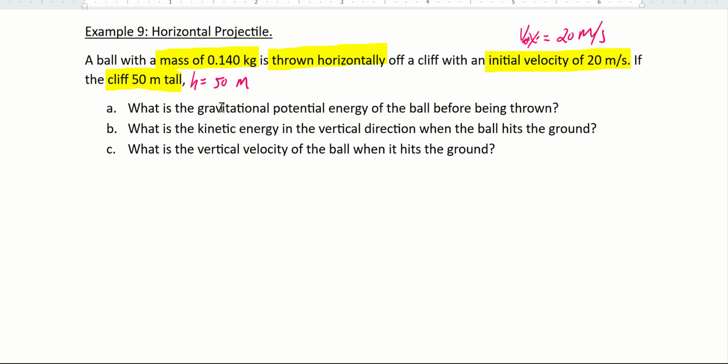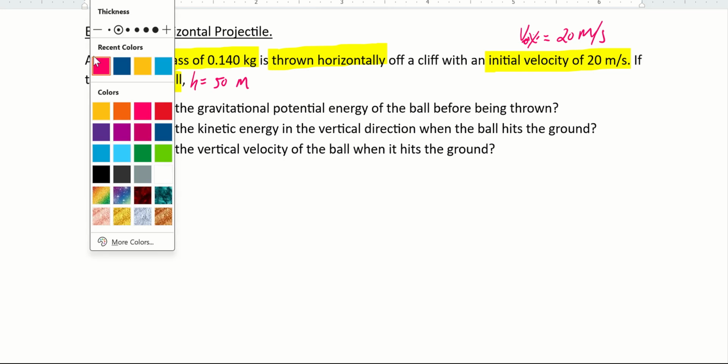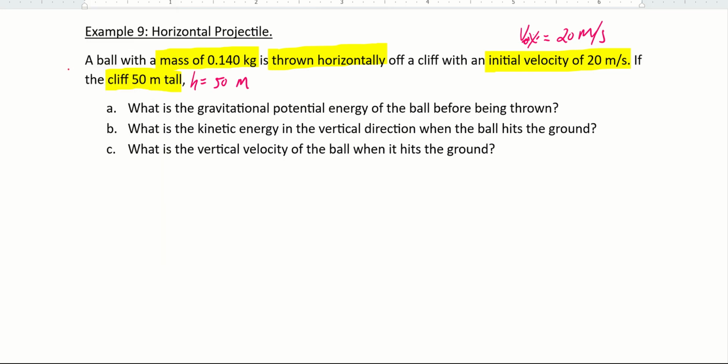So A is asking, what's the gravitational potential energy of the ball before being thrown? Well, I know that we're at a height of 50 meters. I have the mass, so I can calculate the gravitational potential energy. EG equals mgh.